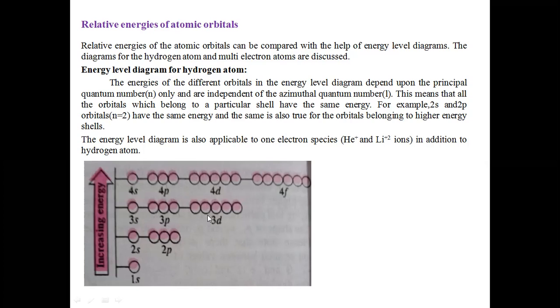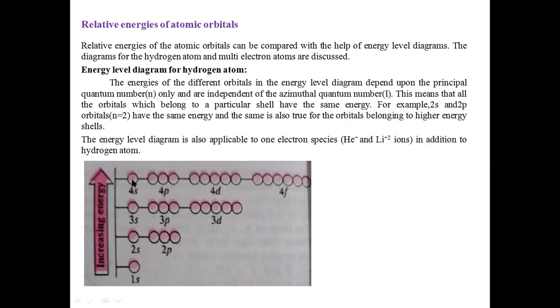For example, the orbital of the 3s subshell, the 3p orbitals of the 3p subshell and the 5 d orbitals of the 3d subshell all have the same energy.